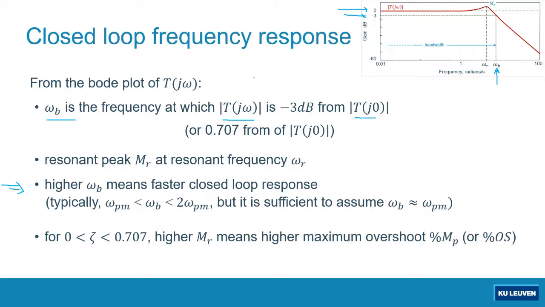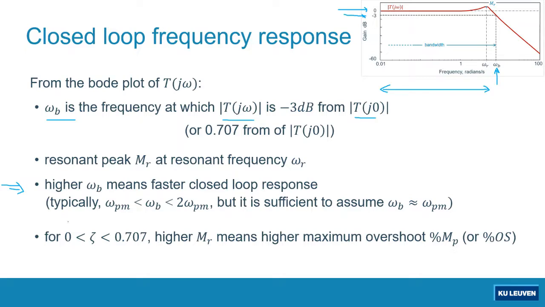Therefore, if you are referring to a magnitude plot of the Bode diagram of an underdamped second order system, the wider the range where the magnitude plot is more or less flat in frequency, the faster the system will respond to an input.